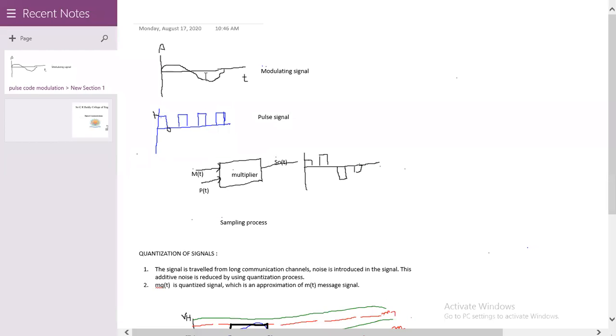The output of this multiplier is approximately like this. We can observe that the top of each pulse follows, or retains, the amplitude of the modulating signal. Do you understand how we get this type of waveform?